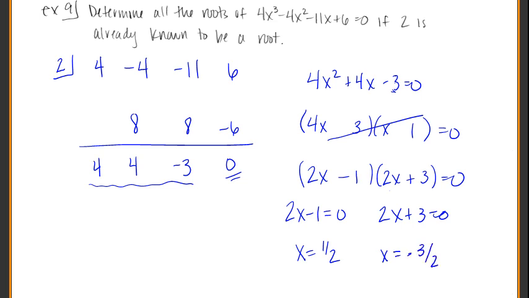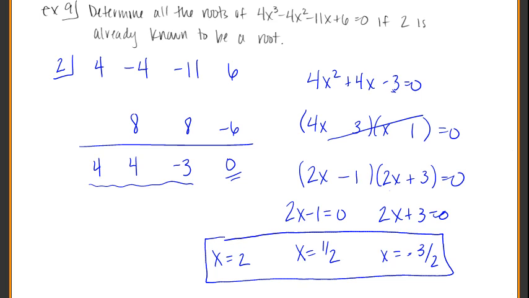So combined with our very first one that we knew, all the roots of this polynomial are right here: x equals 2, x equals a half, and x equals negative 3/2. And what I want to show you guys, coming back to this step right there, is that if I truly wanted to factor this polynomial, the factors would be, going up to the box, we take the opposite of it, so x minus 2.